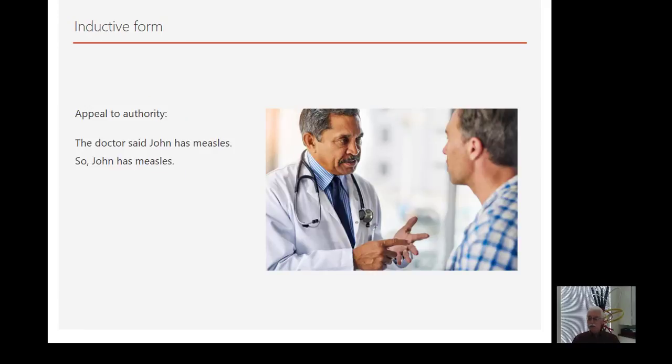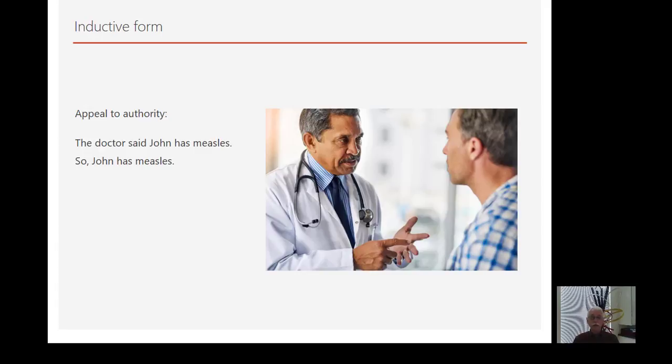Now, inductive arguments have forms too, but the forms are a little harder to see. One famous form of an inductive argument is called the appeal to authority, where the premises appeal to some authority's belief about something and then draw the conclusion that that belief is true.